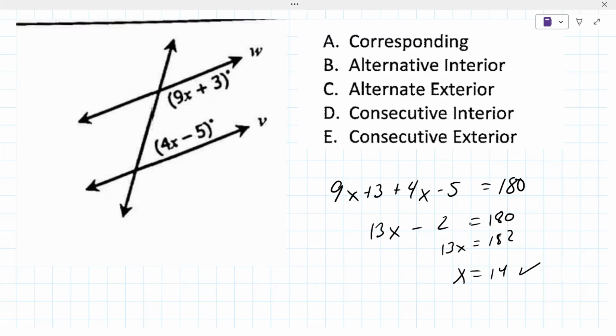The one on line V, that's 51. It is 51. Good.